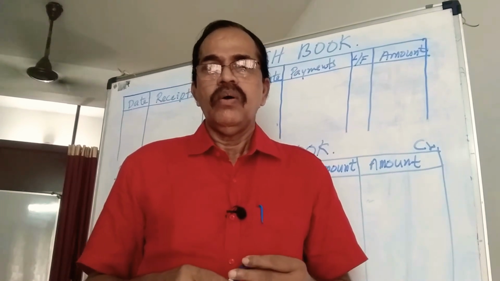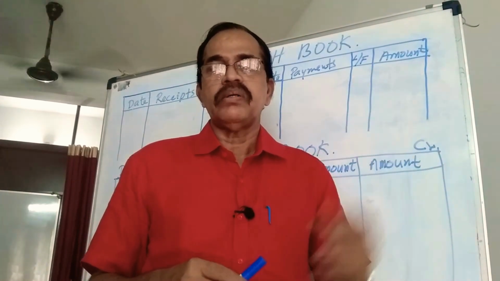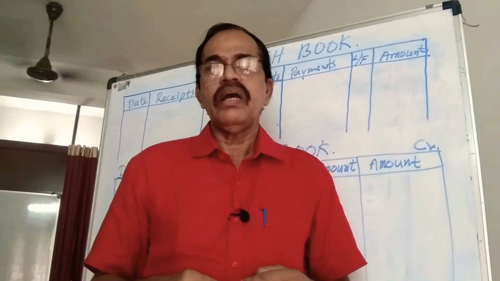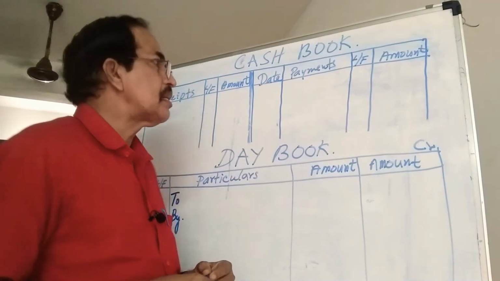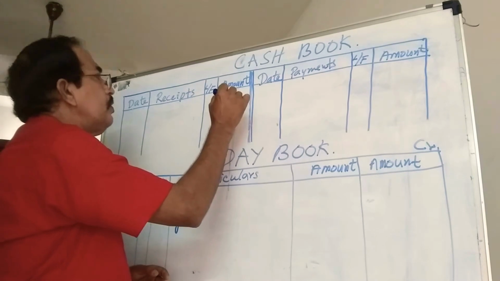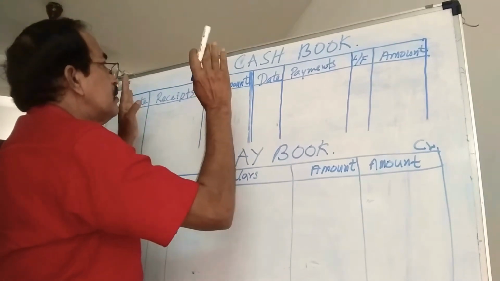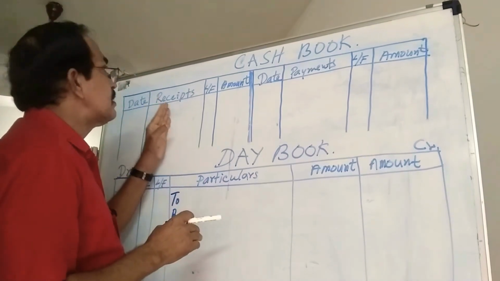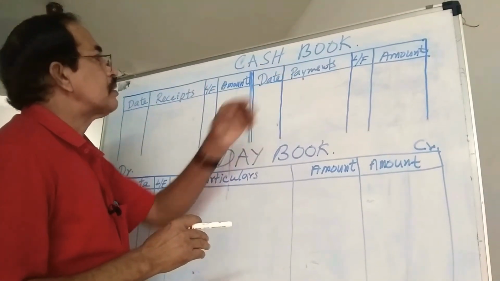Now, on the blackboard, I have drawn the format of a simple cash book. If you look at the blackboard, we can see that the cash book has 2 equal sides, the receipt side and the payment side.